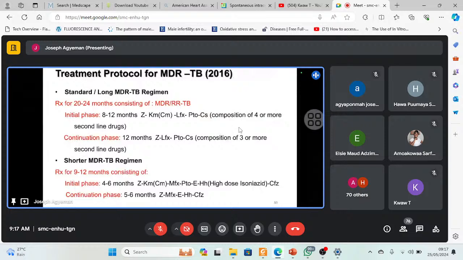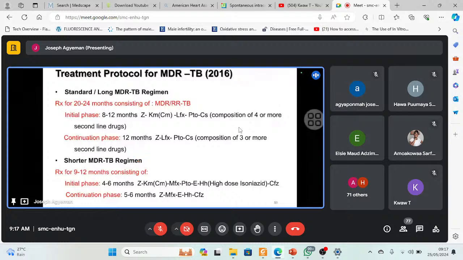Do not commit this into memory, but at least note that there is a standard regimen, also known as the longer regimen, that may take 20 to 24 months. The shorter regimen for multi-drug resistant TB takes 9 to 12 months.